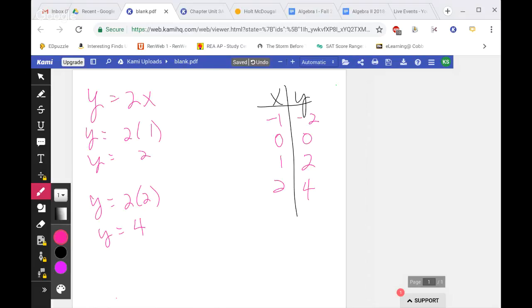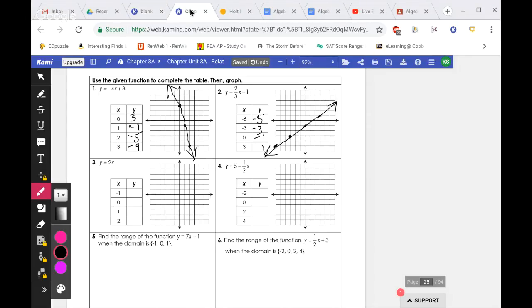So basically what you're doing is just taking any of your x values and plugging those x values into where the x is in the equation and then solving for the y. And then that gives you an ordered pair. And then you graph the ordered pair. And when you connect the dots, it creates a line.